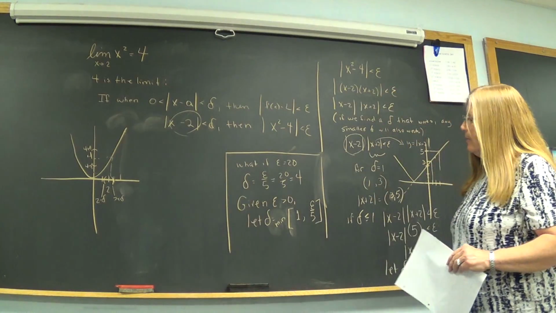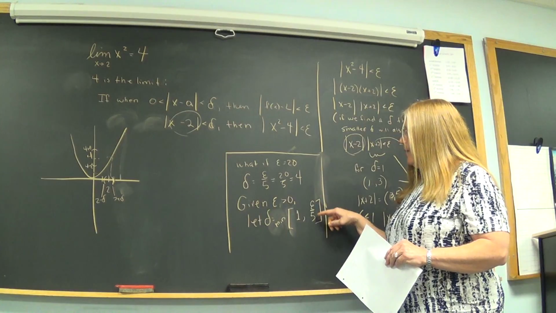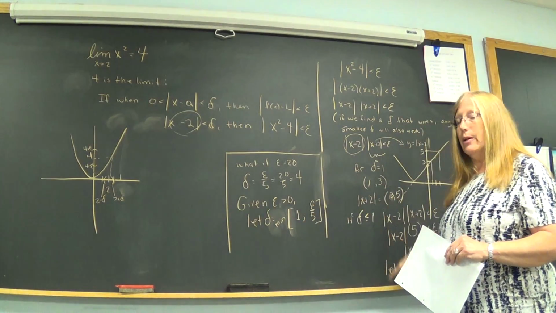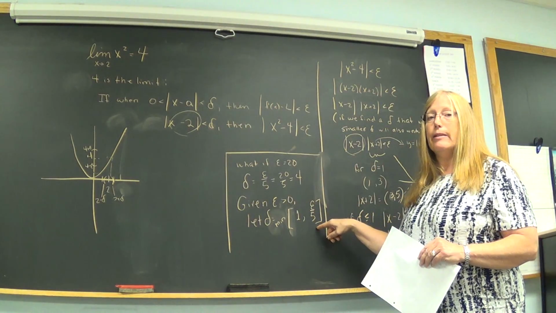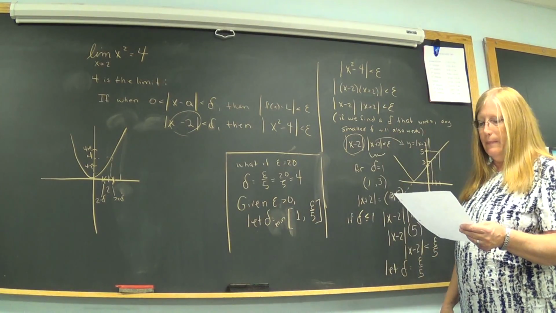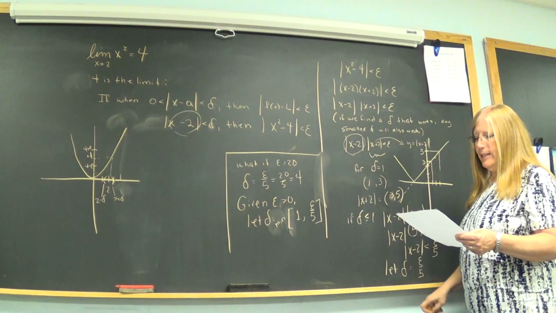So we're going to take the smaller of the two, and if epsilon over 5 is very large, then we're going to use 1. We know that works. If epsilon over 5 is smaller than 1, we're going to use that. But either one will allow us to go through this reasoning.